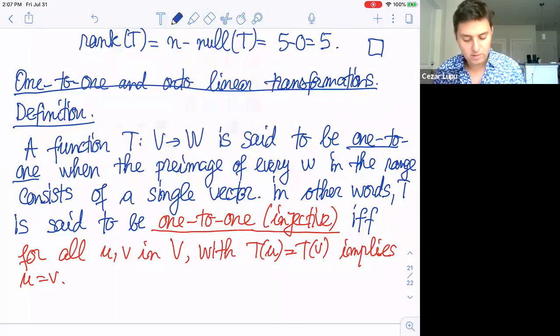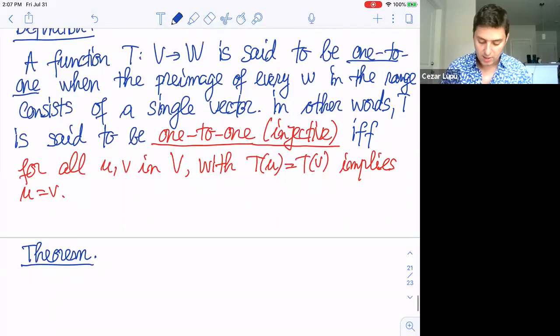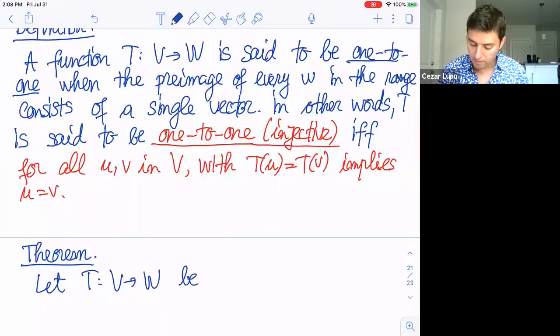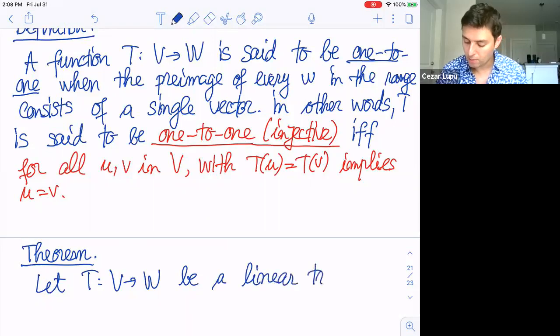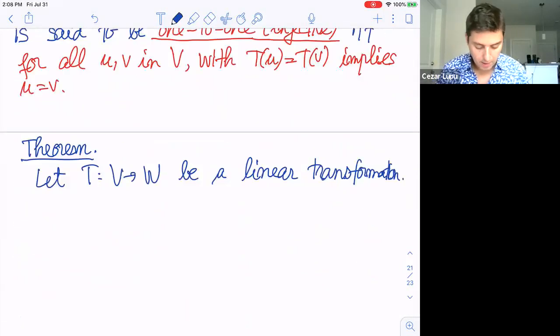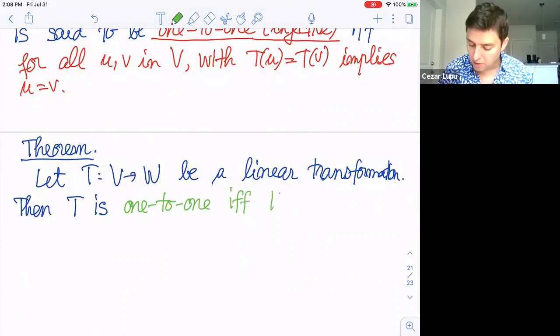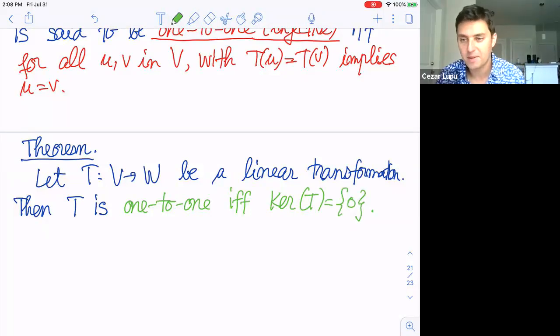And now I want to veer towards the following theorem, which says the following: let T be again a linear transformation from V to W, then T is one-to-one if and only if the kernel of T consists of one element, and that element is the null element.